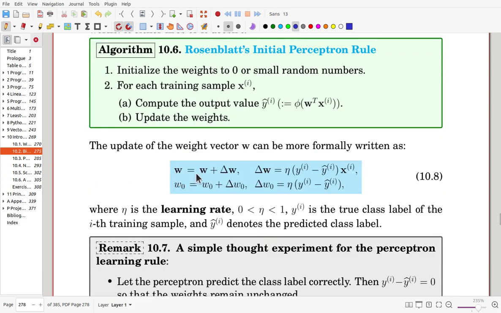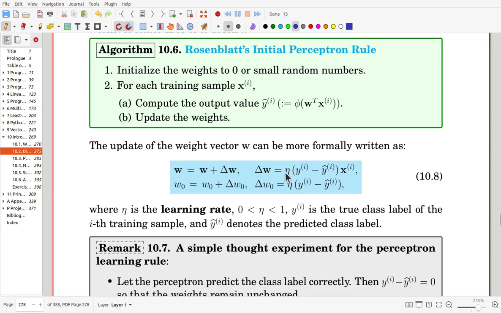For W, to get the new W, we start from the old one and add this correction vector. The correction vector is obtained in this way. To measure the difference, this is the original label, and that is the predicted label. Now xi, the data point, is multiplied by this and then scaled by eta.